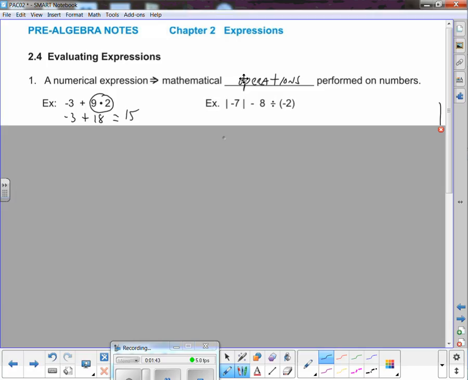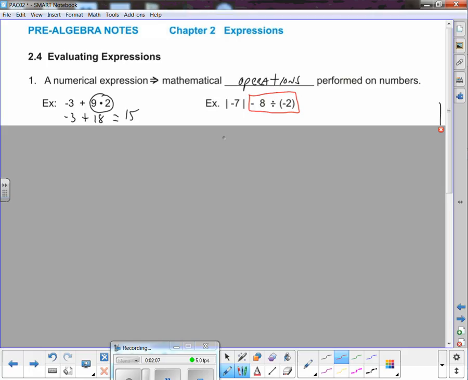Over to the right, again, we've got a situation where order of operations, there are no exponents. We're going to deal with the division. Be careful on this. It is so much safer to think of this as a -8 divided by a -2. Now, I'll show you both ways. Right, Nathan?